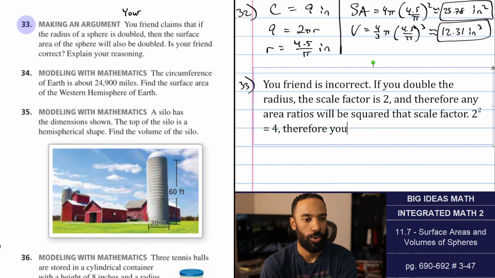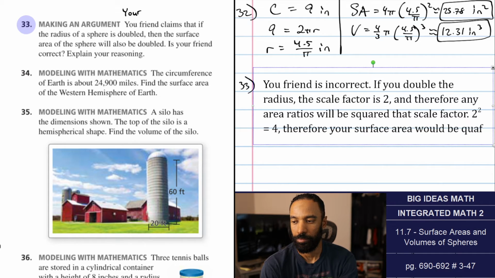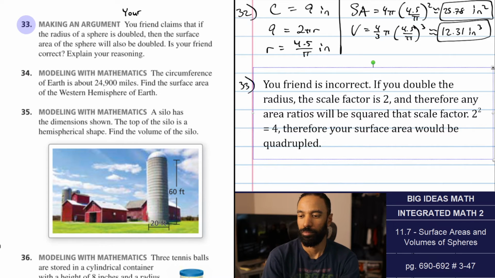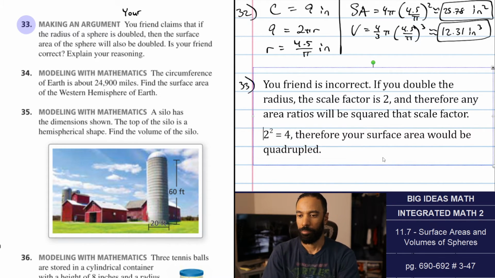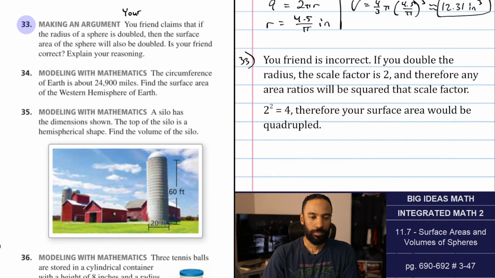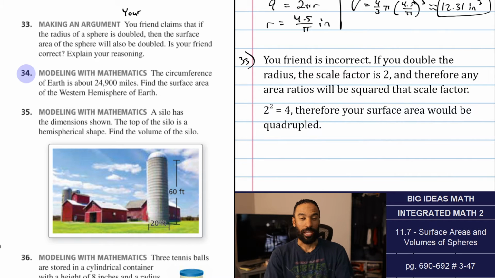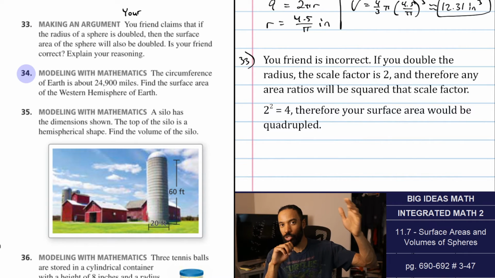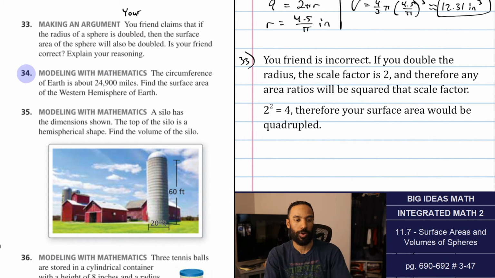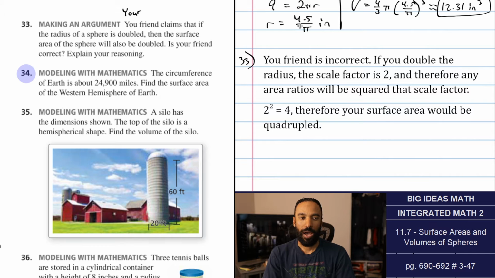Therefore, your surface area would be quadrupled. Quadrupled. Okay. That's it. You can check. Now, here's the thing. You can check, 4/3 pi, and then you do the squared thing, right? I can show mathematically. You'd be squaring the 2, the r that's doubling, so you'd get 4.